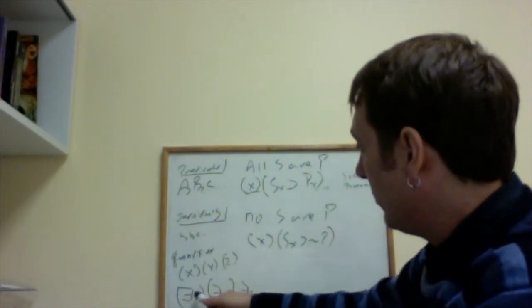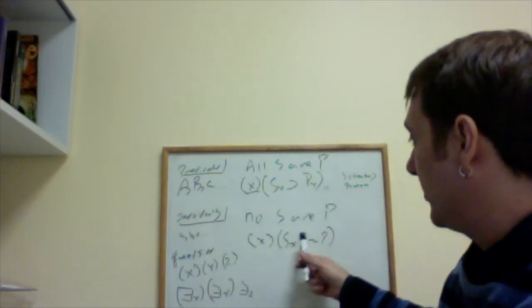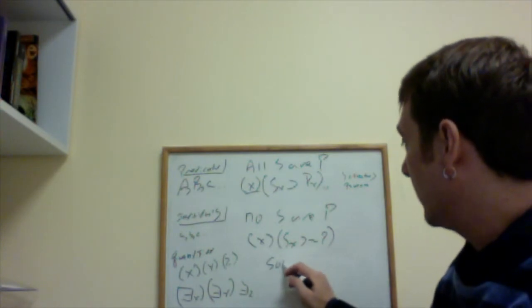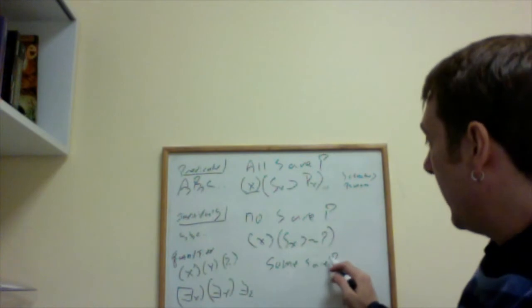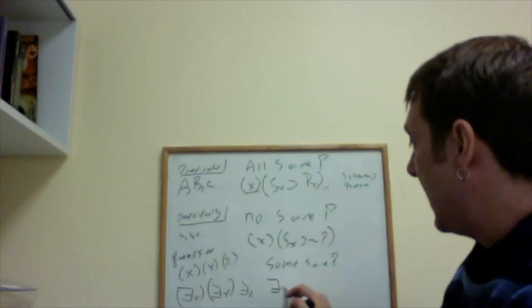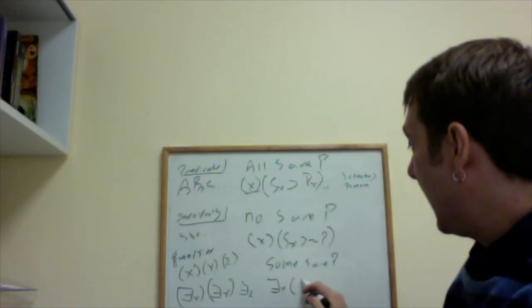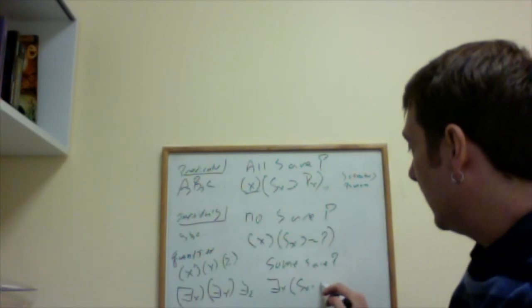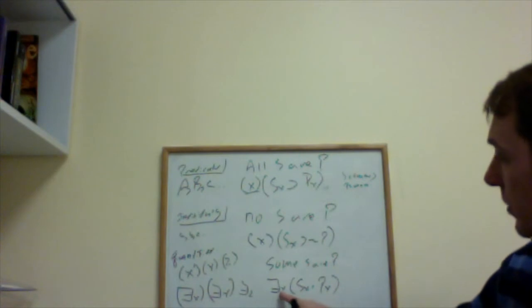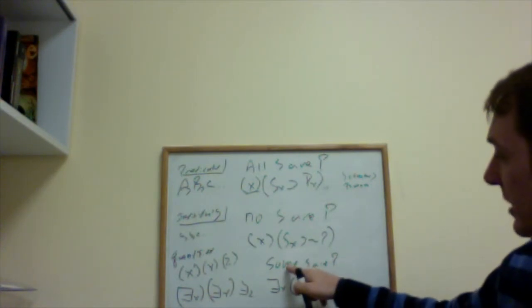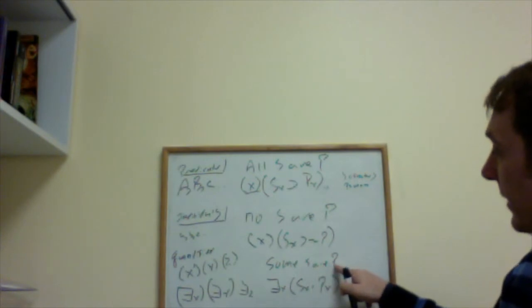Then we use our existential quantifiers for the other two. If we write some S are P, that would be translated into there exists an X such that X is S and it's also P, Sx dot Px. So there exists an X which is both S and P. Suppose you said some dogs are four-legged.